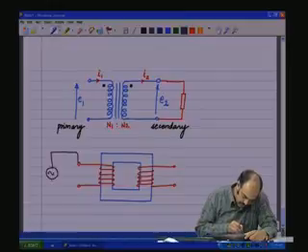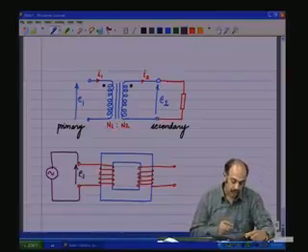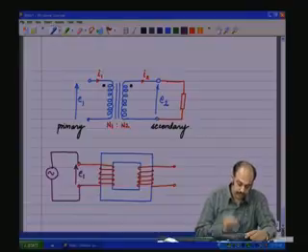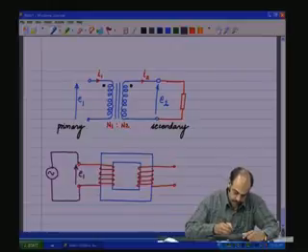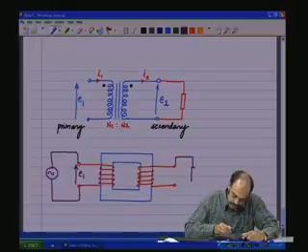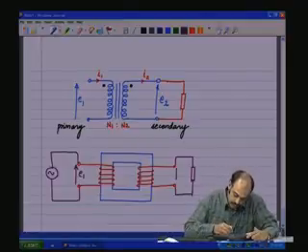an AC source of frequency f across the primary, which is going to result in voltage E1. So, the applied and the induced are going to balance each other, and there is going to be a load resistance or an impedance here, which is going to result in E2.